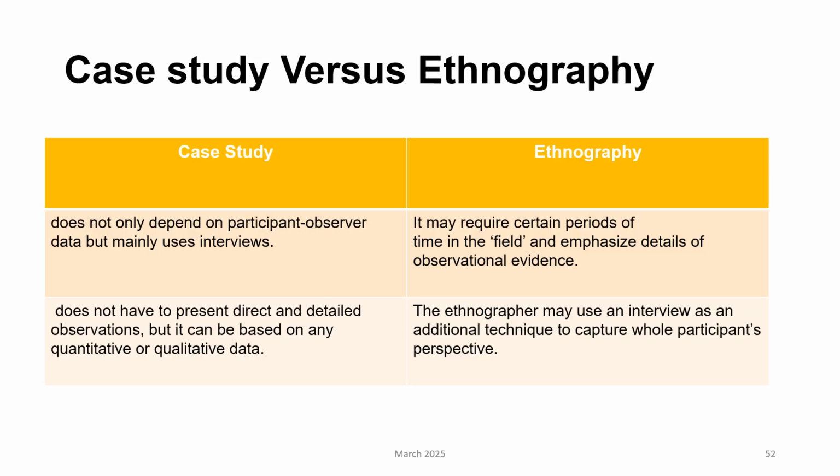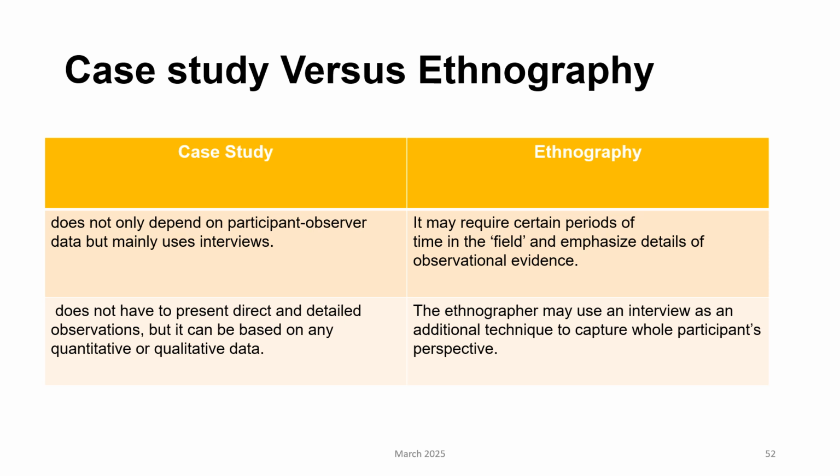In this slide, we will talk about the main differences between case study and ethnographic research. As we mentioned, a case study does not only depend on participant observation data, but mainly uses interviews. Case study also does not have to present direct and detailed observations, but can be based on any quantitative or qualitative data.